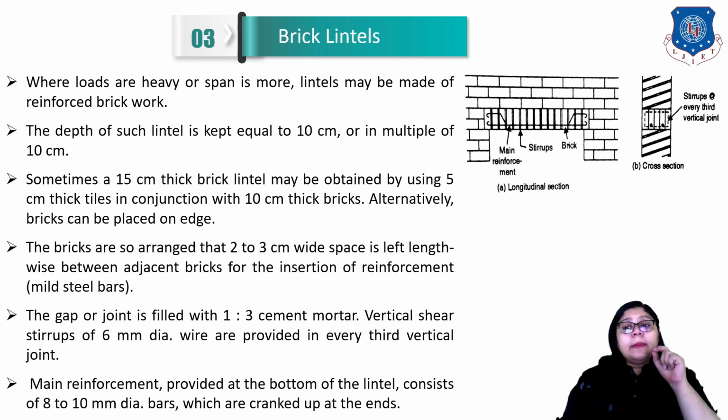The main reinforcement is provided at the bottom of the lintel, which consists of 8 to 10 mm diameter bars which are cranked up at the ends. You can have the idea of these reinforced brick lintels from this image.